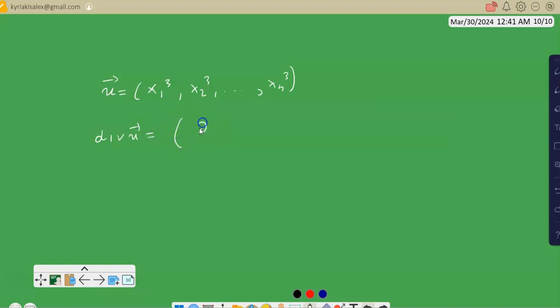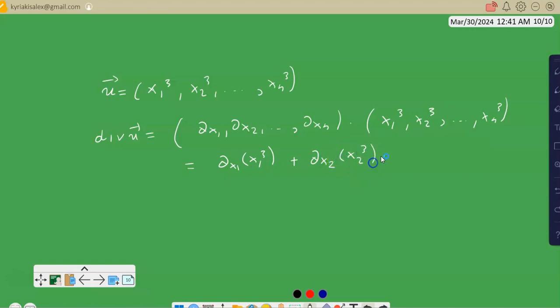is the following dot product. The partial derivative of x1 cubed with respect to x1, plus the partial derivative with respect to x2 of x2 cubed, plus up to the partial derivative of xn cubed with respect to xn.